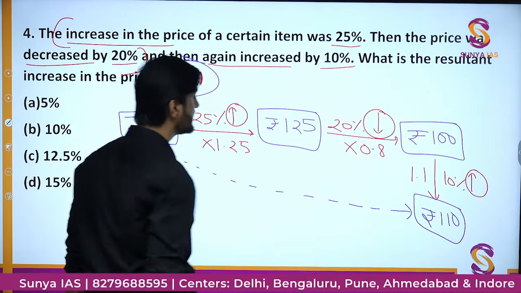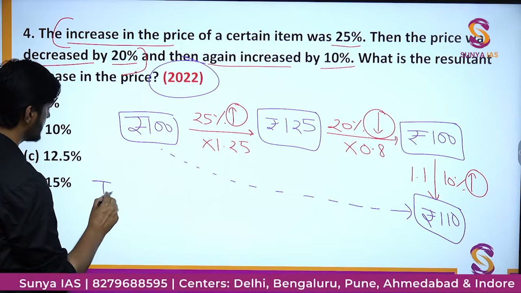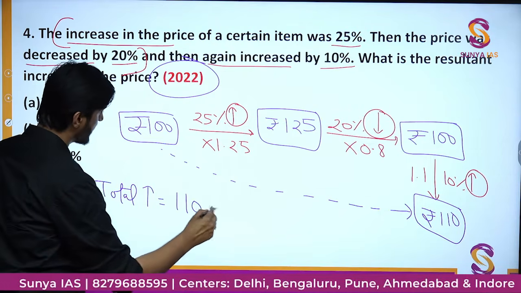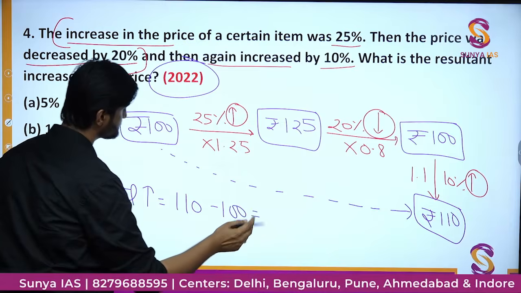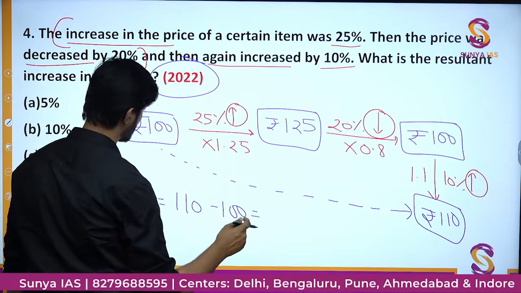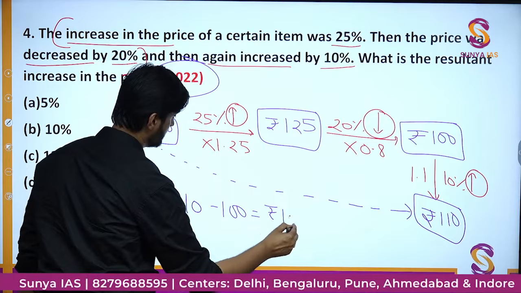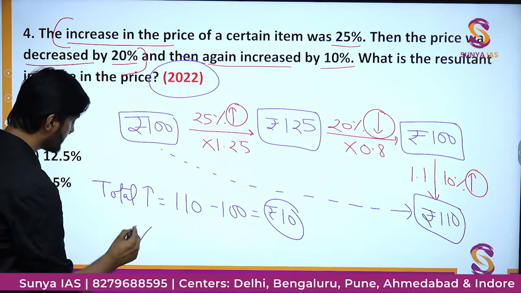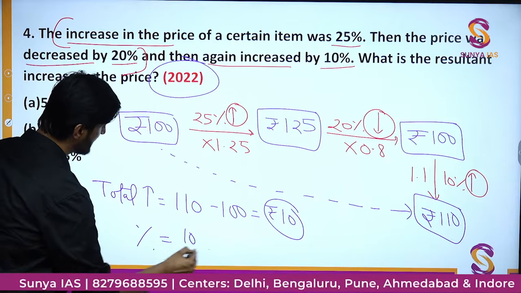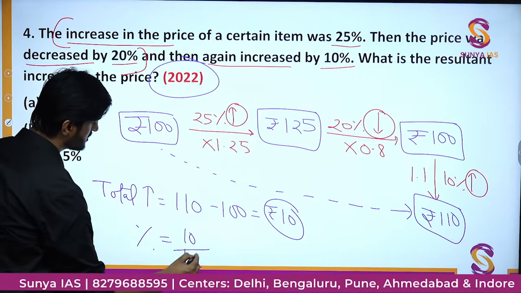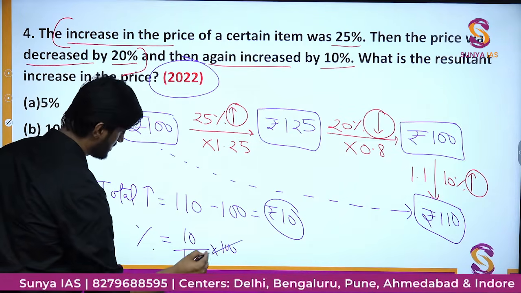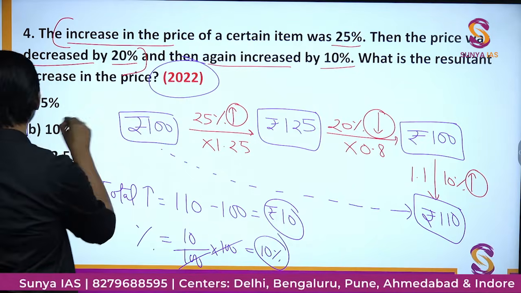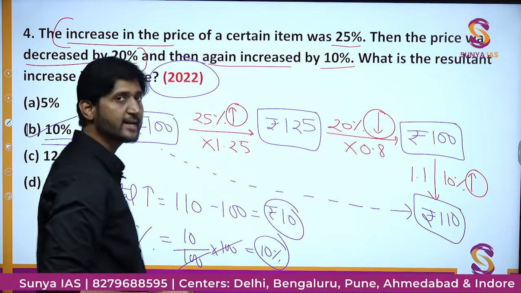So the total increase is nothing but 110 minus 100, that is rupees 10. And now we have to express this in terms of percentage. So in terms of percentage, that would be 10 divided by the original amount into 100. And so it is going to be 10%. That is, option number B is going to be the correct answer in this case.